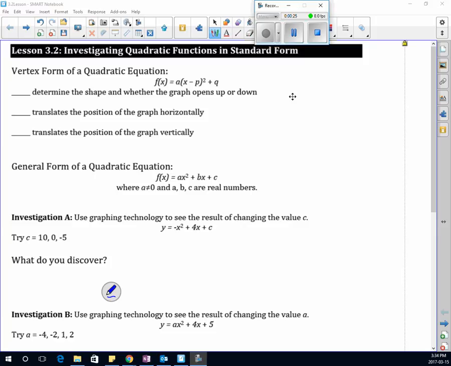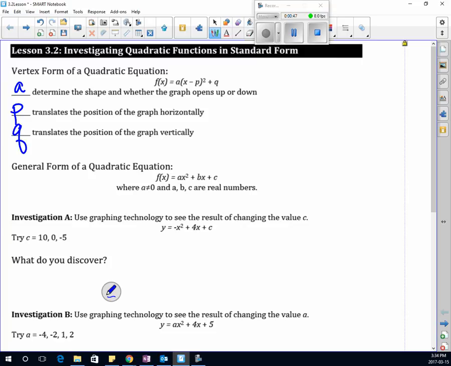Well, that would be a. Which letter translates the position of the graph horizontally? That would be p. And which letter translates the position of the graph vertically? And that would be q.